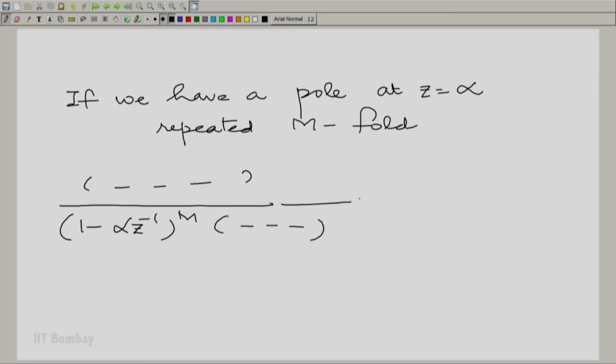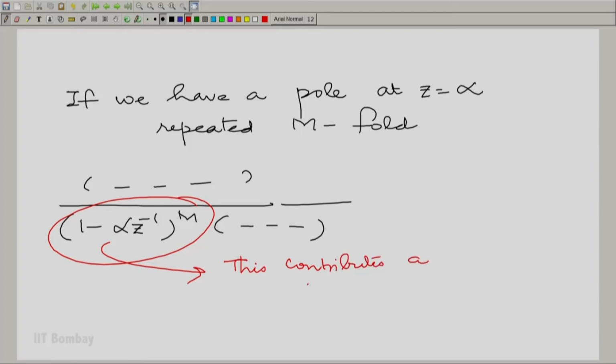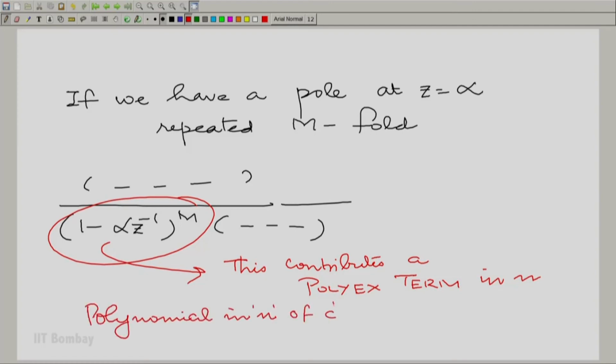Then what is the contribution of this pole in terms of the inverse z transform? Essentially this contributes a polynomial term like before, a function of n. It would look something like a polynomial in n of degree capital M minus 1 multiplied by alpha raised to the power of n.